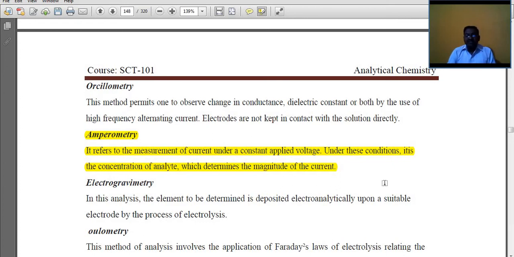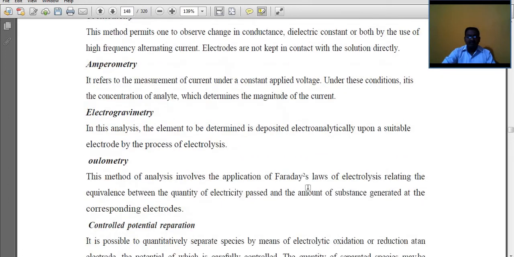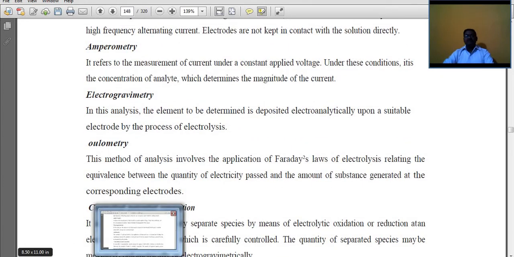Under these conditions, it is the concentration of analyte which determines the magnitude of the current. In electrogravimetry, the element to be determined is deposited electroanalytically upon a suitable electrode by the process of electrolysis.